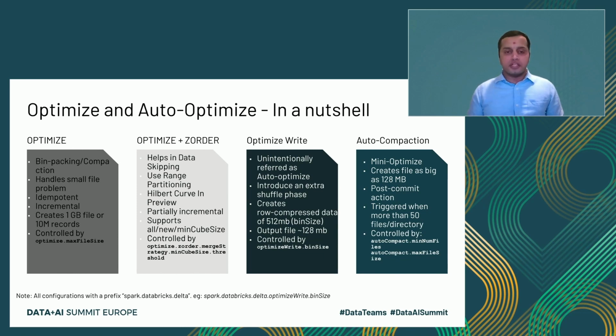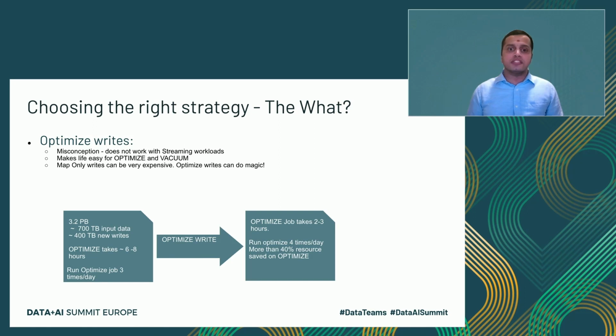Okay, so now we have discussed the various commands and operations you can run on your Delta table. Now the question is, what operation should I run for my use case? One common question we get from our users is, is running optimized write a good choice on streaming workloads?